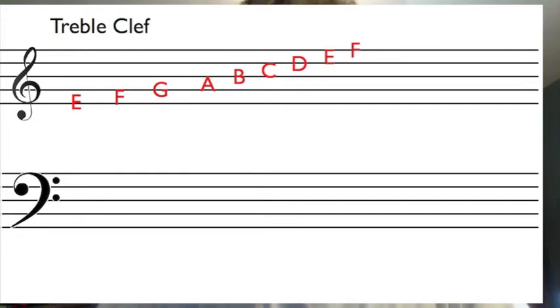It goes in alphabetical order, going up. However, it only goes to the G, and then it goes back to A. For the treble clef it starts on E, which may seem kind of strange, but that's just the way it is. It starts on E and goes up. When it gets to the third line, it gets to the G, and then the next one on the space will be an A, and it will start all over again.